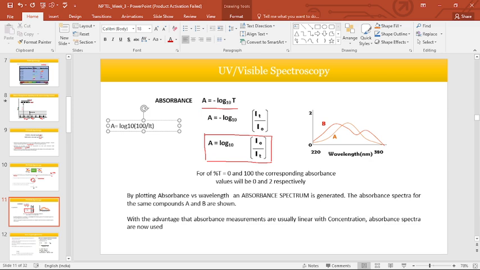Here we know that the intensity of light in percentage is 100%, because when you are providing an incident light it is 100% of the intensity, and then the reduced intensity would be your IT.